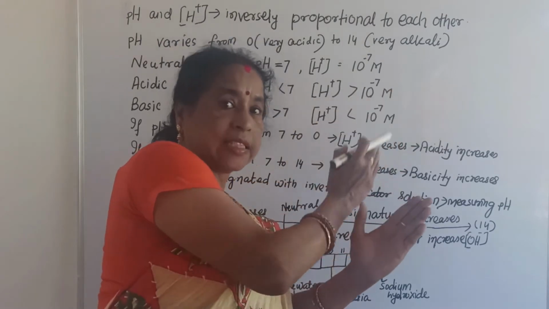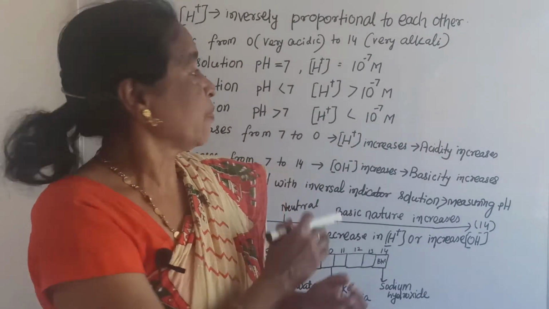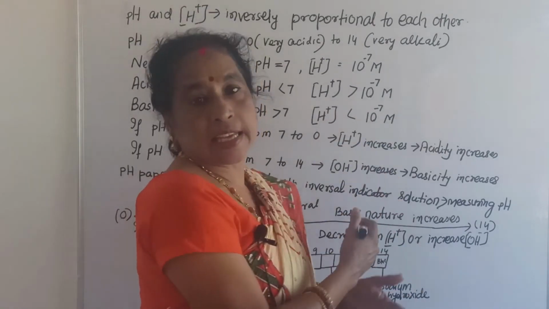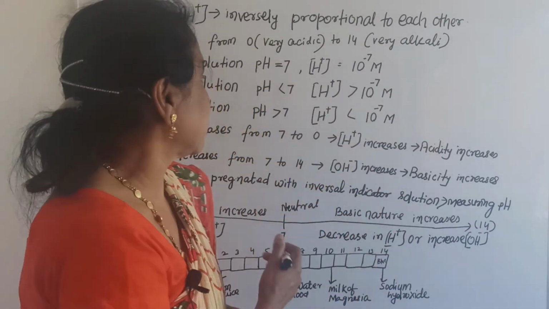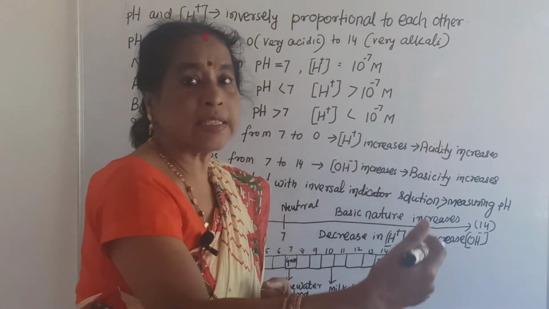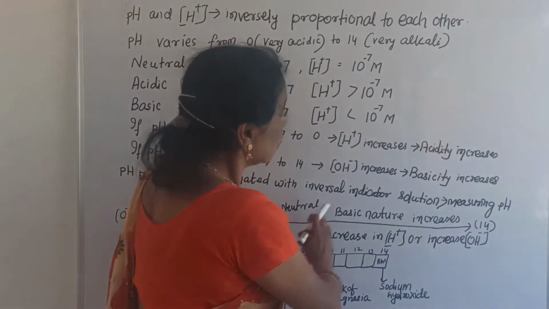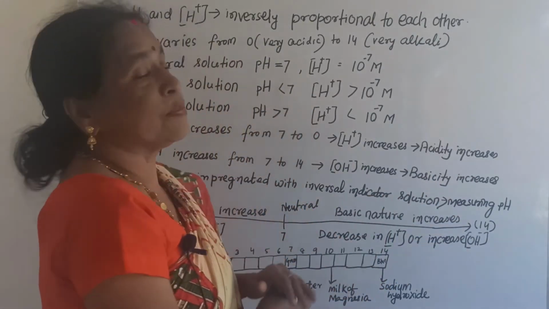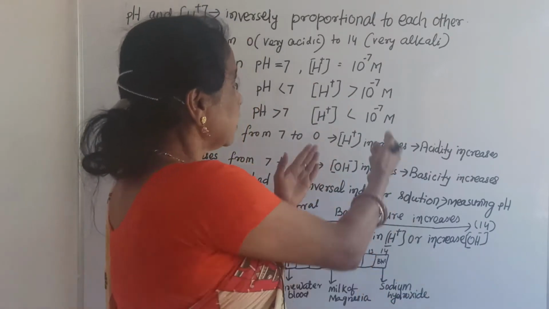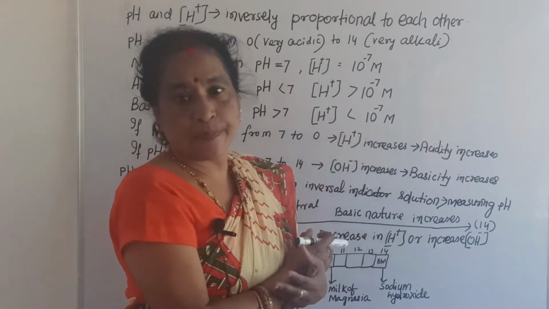If it is less than 7 towards 0, it is acidic in character, and the H plus ion concentration is greater than 10 to the power minus 7 M. For a basic solution, pH is more than 7, from 7 to 14, and the H plus ion concentration is less than 10 to the power minus 7 M, where M is the molarity.